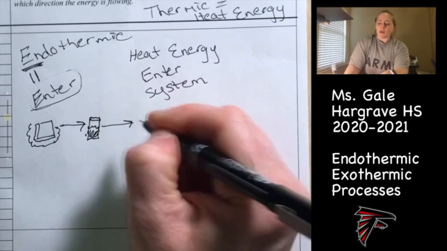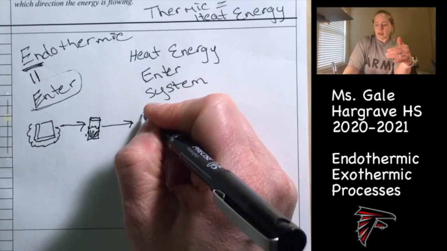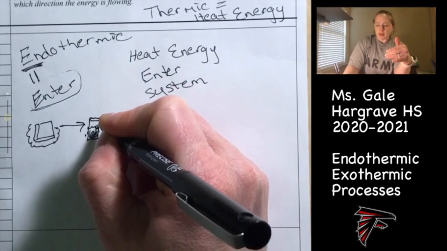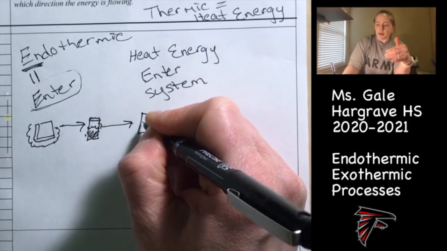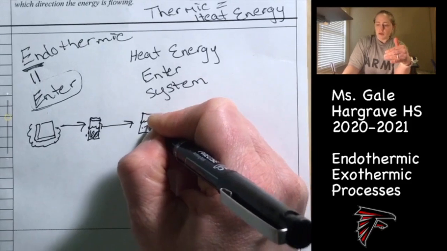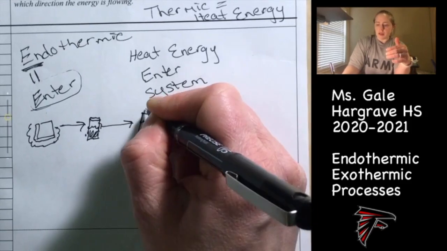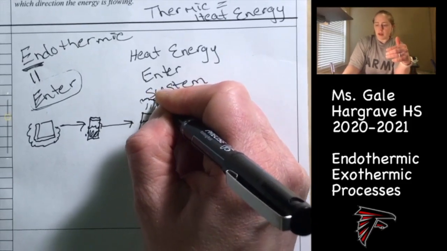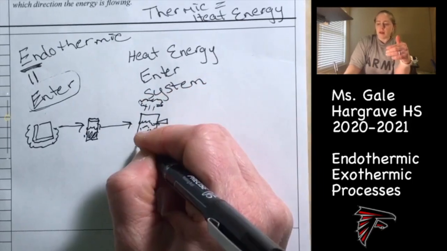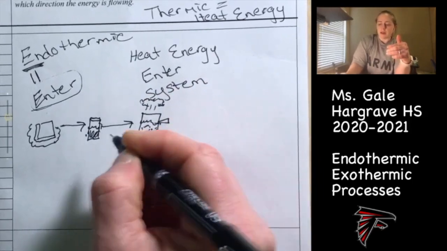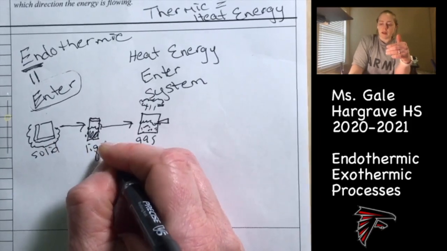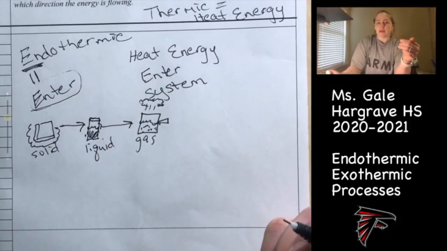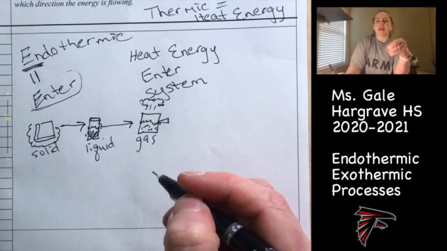And if we take that liquid water and boil it, put it on the stove, we're going to get little bubbles and we'll get steam. So it goes to gas. It goes from a solid to a liquid to a gas when we add heat energy.